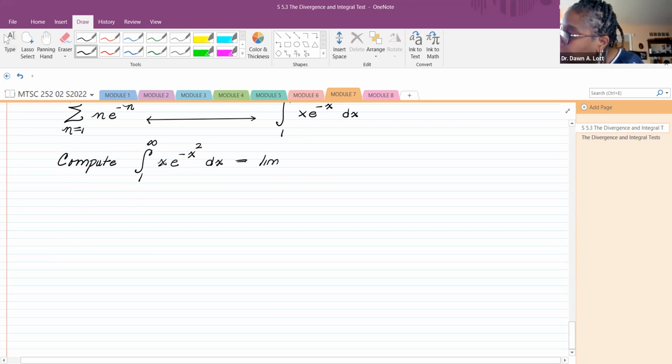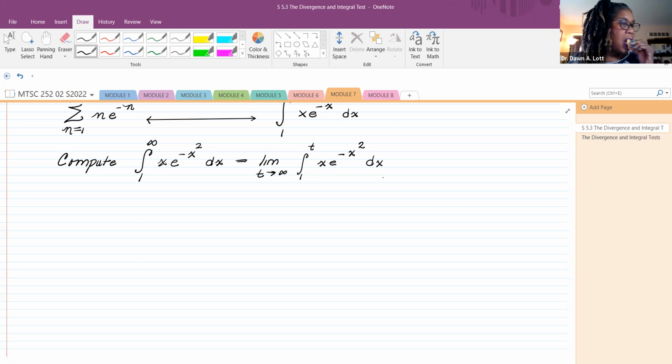The limit as t approaches infinity of the integral from 1 to t of x e to the negative x squared dx. Okay, how do I integrate that?